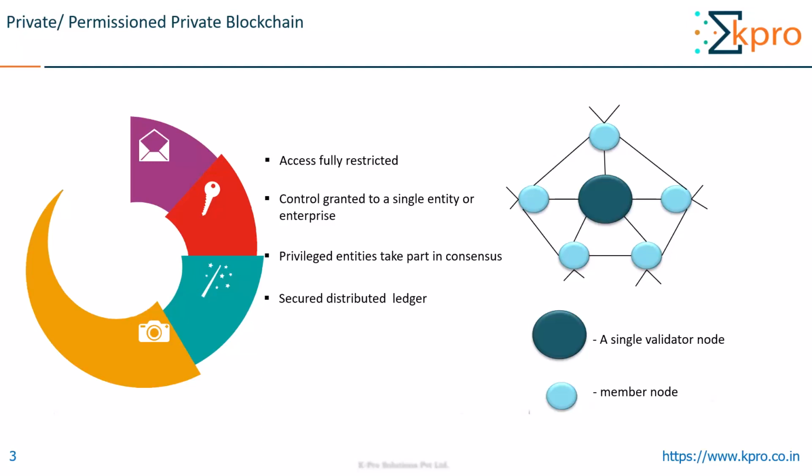These types of blockchains are considered by companies that are interested in blockchain technology, but at the same time, have to hide data from the public. Since there is just one validator node, this kind of blockchain is faster than the other two types, that is the public and the consortium blockchain. So this is basically what the private blockchain is.